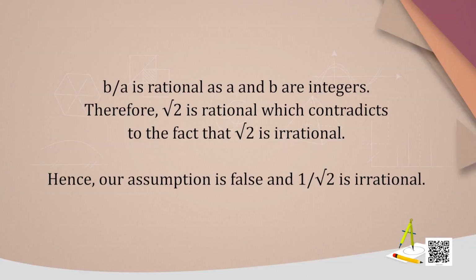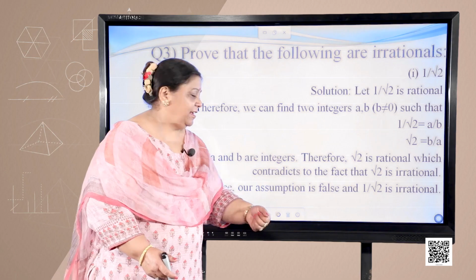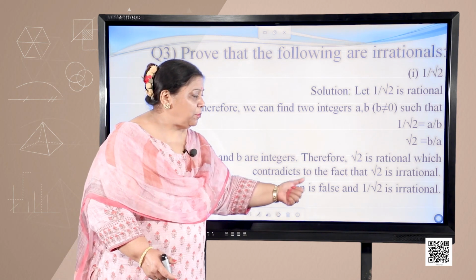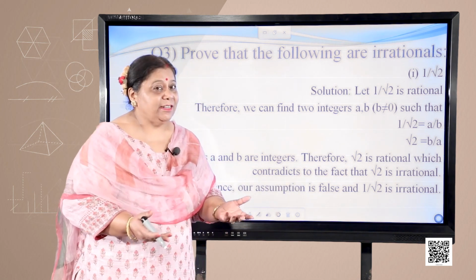Now, b upon a is rational as a and b are integers. Therefore, square root 2 is also rational, which contradicts the fact that square root 2 is irrational. Hence, our assumption is false and 1 upon square root 2 is irrational.